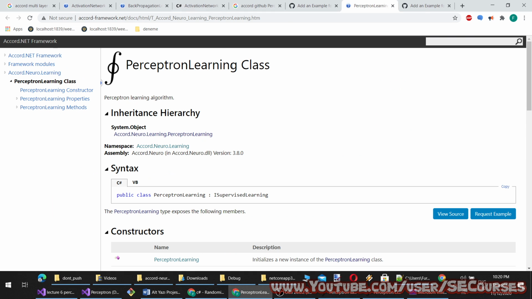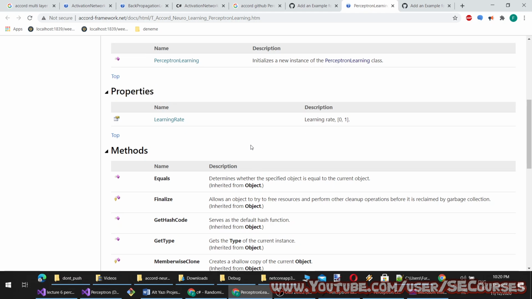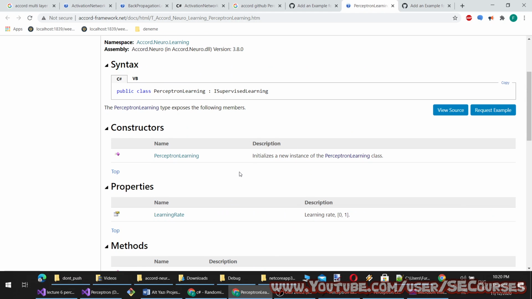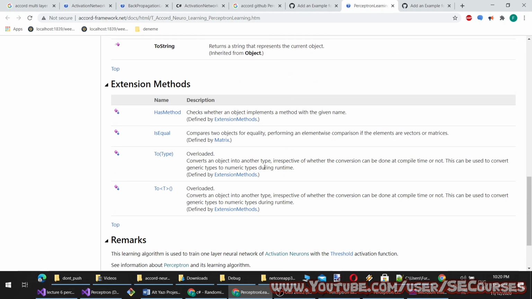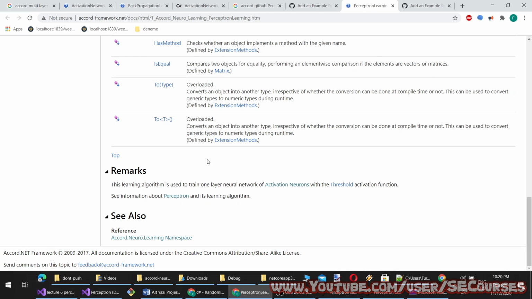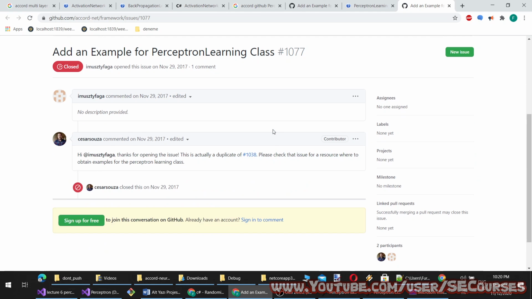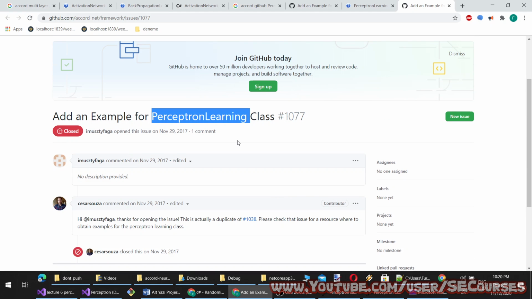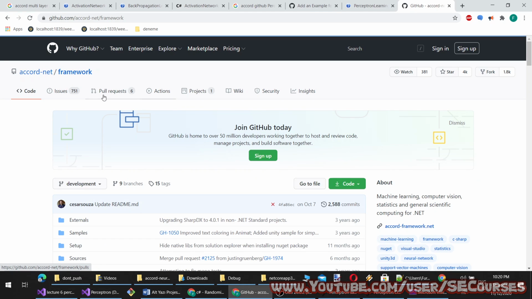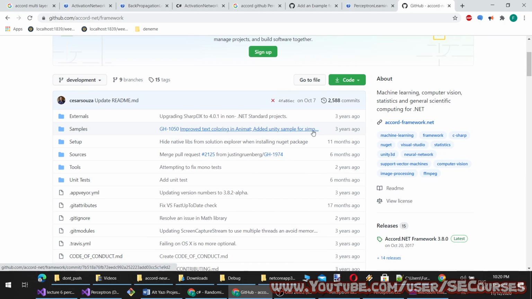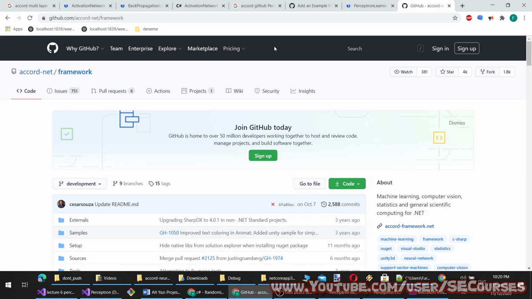You see, the documentation of the library you are using is extremely important. When you don't have proper documentation, you'll spend time like me. So I'm going to find this class.